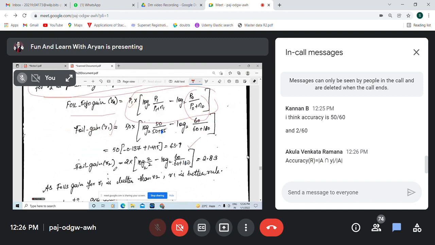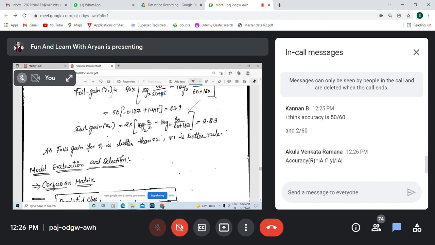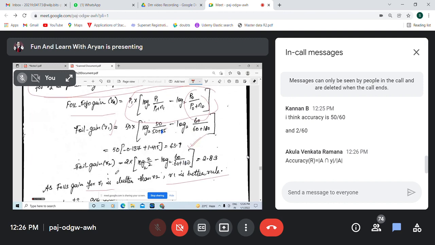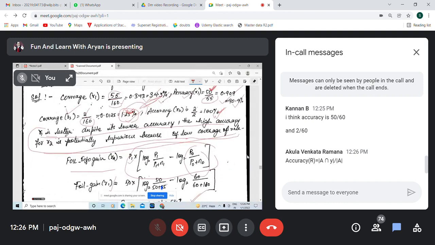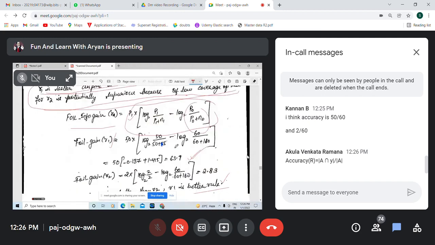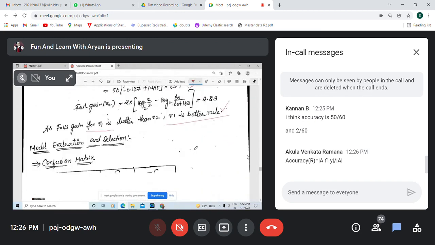You can just substitute directly, and you will get the FOIL gain. Whichever FOIL gain is more, that will be better. So here R1 has more, so R1 is a better rule. Based on FOIL gain also you are getting R1 better. Even though its accuracy was less here, if you see FOIL gain also, R1 is better.